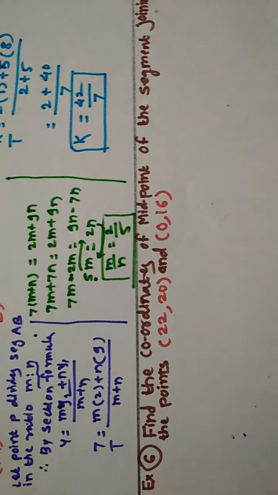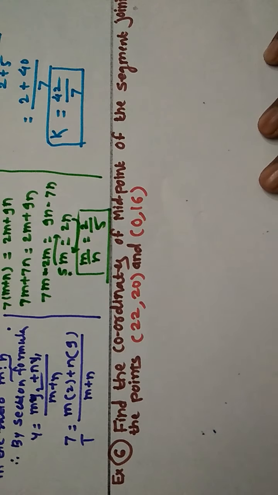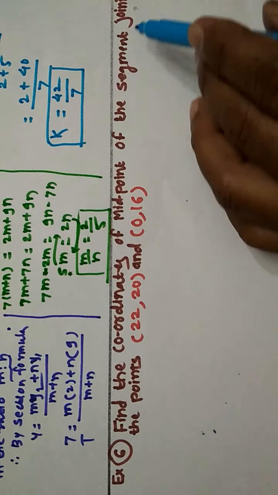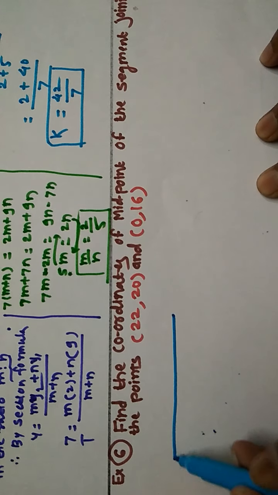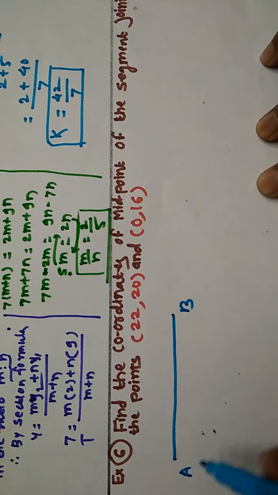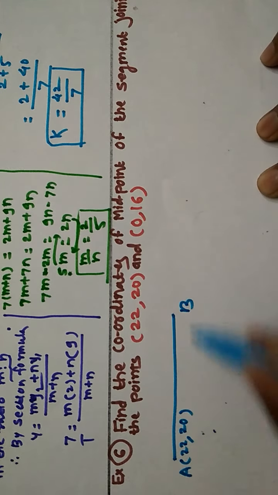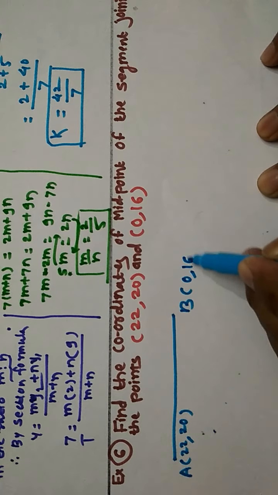Now we see example number 6. Find the coordinates of the midpoint of the segment joining the points. The segment is given whose endpoints are A(22, 20) and B(0, 16).